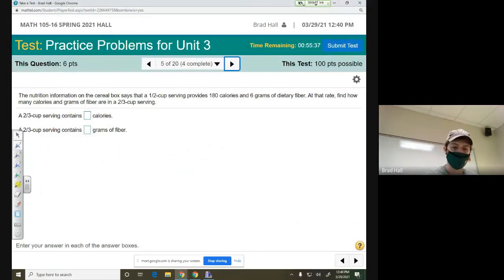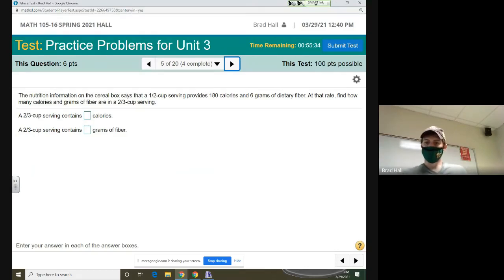Okay, this problem might seem familiar. So it's a half a cup serving, something about 180 calories, 6 grams of fiber. And they want us to find all those values instead of half a cup. What about 2/3 of a cup? And there seems to be a separate answer for calories, a separate answer for grams of fiber.